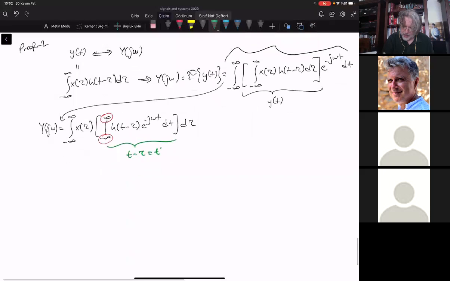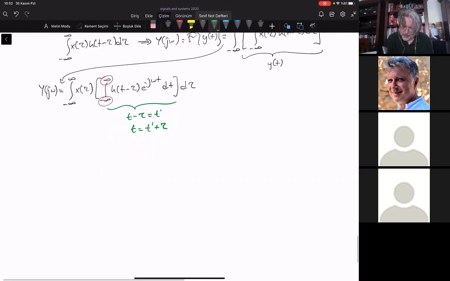If t minus tau is t prime, then t is equal to t prime plus tau. And that makes the integral, again from minus infinity to infinity, but h of t prime e to the minus j omega (t prime plus tau) dt prime.